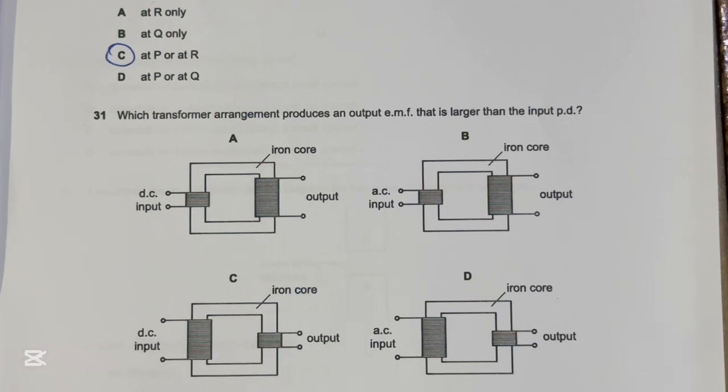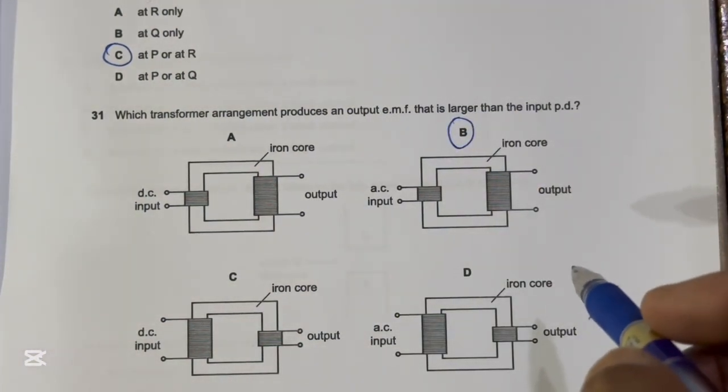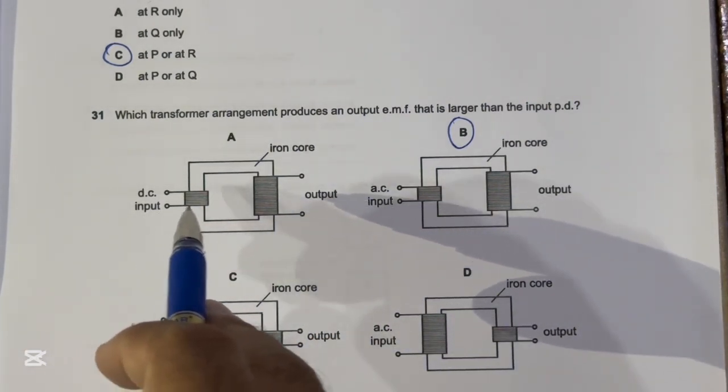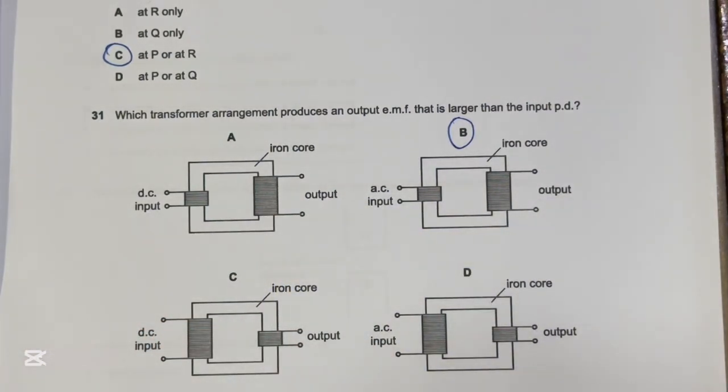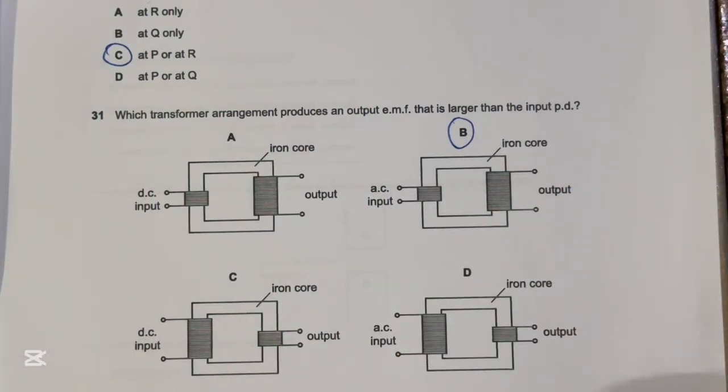From the figure we can see that the step-up transformer is B, because it has more turns. A also has more turns in the secondary coil, but it is supplying the DC input, so that's why it is not the right choice. And D is the step down transformer, and the other is again DC input. So option number B is the right choice.